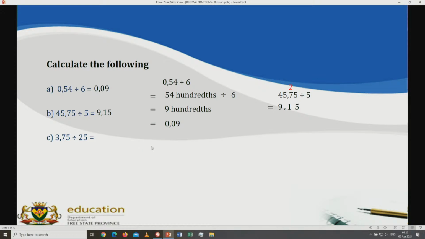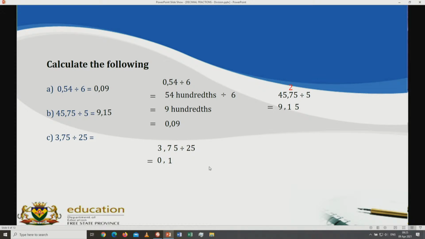All right, let me see, number C, which method did I use? Now, the same as this one. 25 into 3 does not go, so we say 0 and then comma. And then we say now 37 tenths. 25 goes how many times into 37? It goes only once.